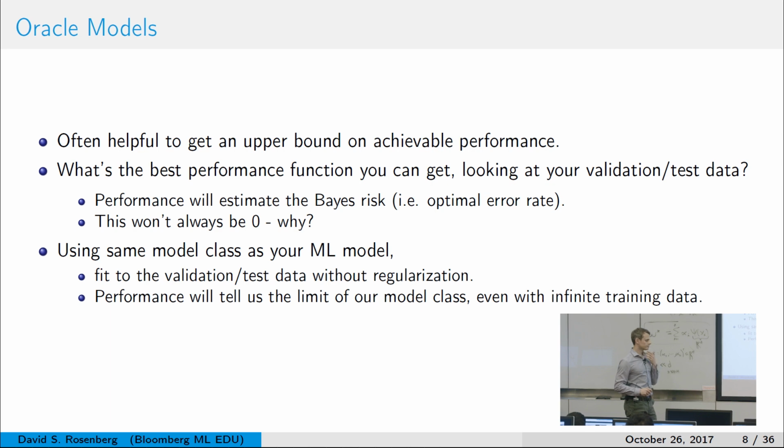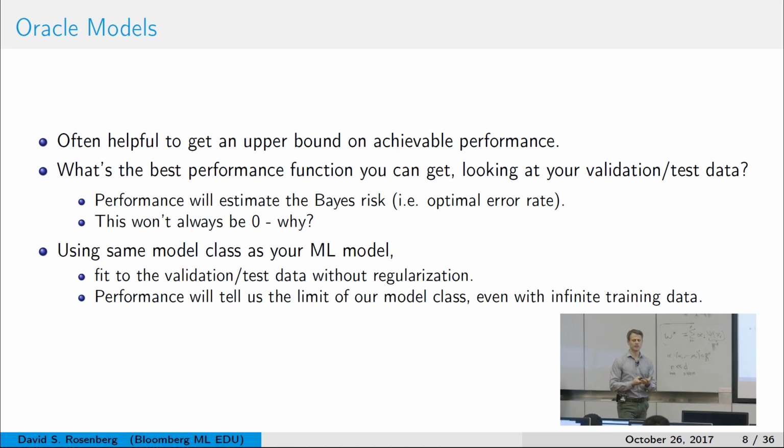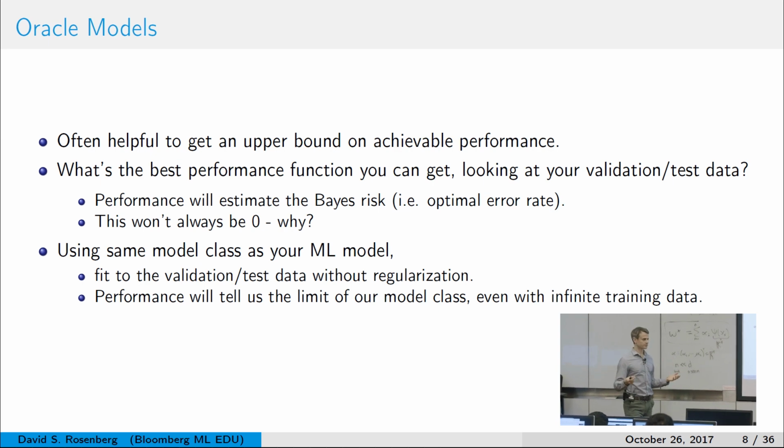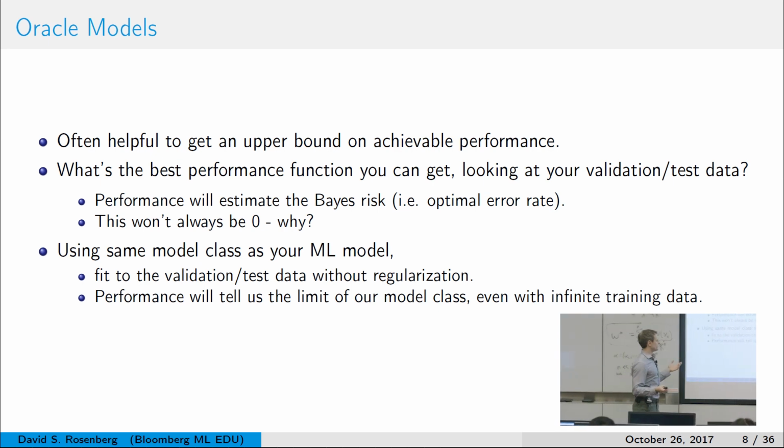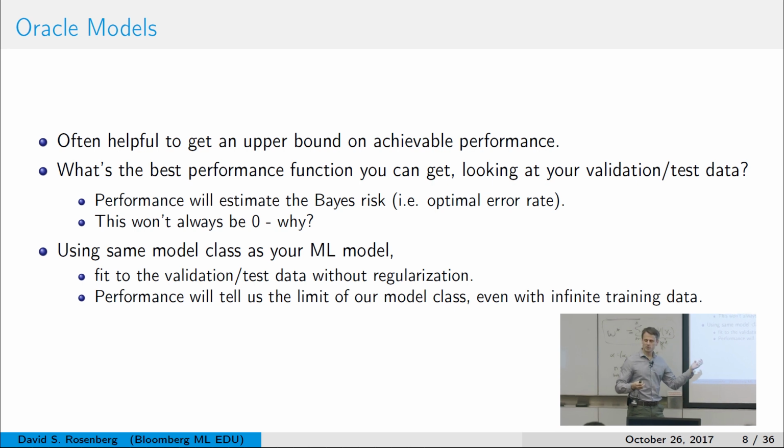All right. A more restricted kind of oracle model would be to restrict yourself to the class of functions you're using. Like maybe you're considering linear regression with a certain set of features. Well, if you take that same linear regression, get rid of regularization, and fit your validation data with that model, the performance you get with that fit gives you the best possible performance you can hope to achieve with that validation set.